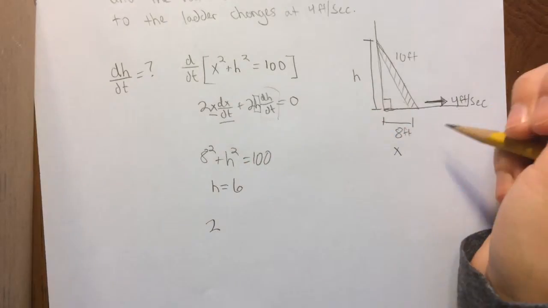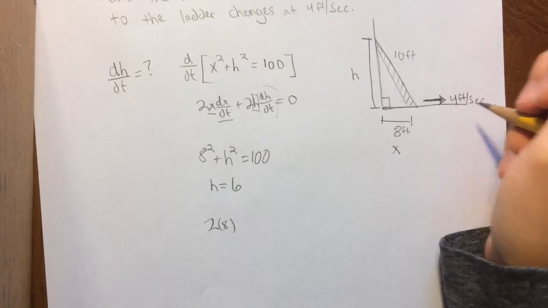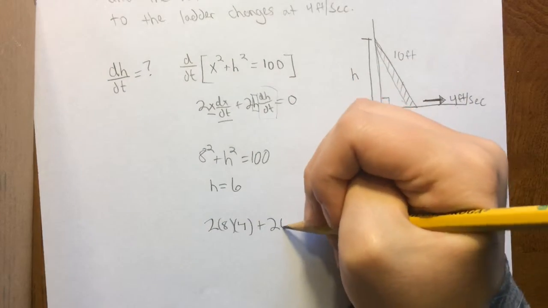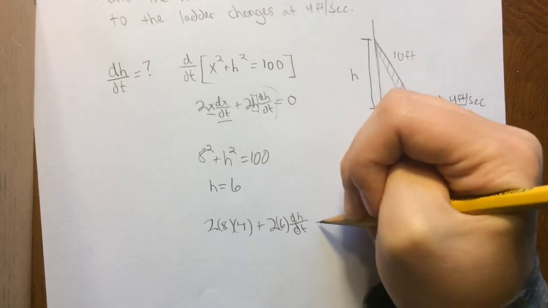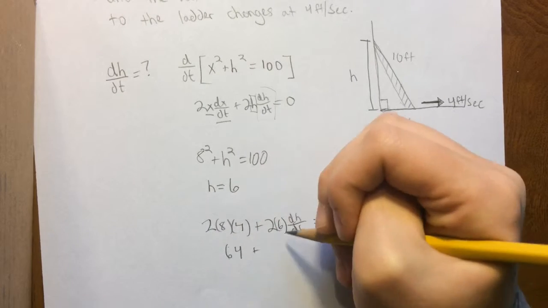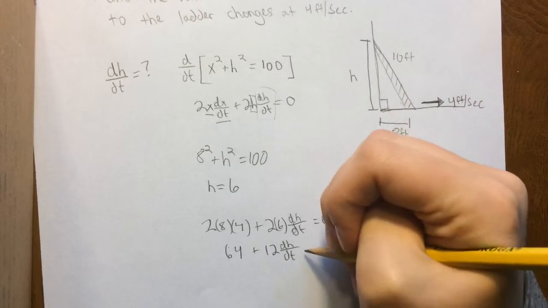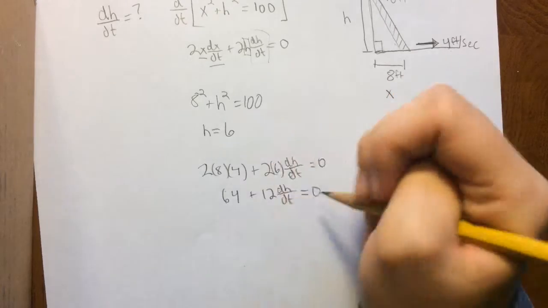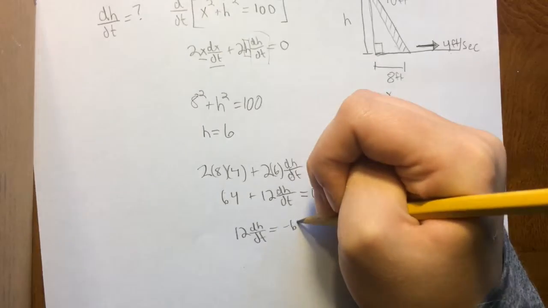We put 8 in for x, and the derivative of x with respect to time is 4, plus 2 times h, which is 6, times the derivative of h with respect to time equals 0. Then we get 64 plus 12 times the derivative of h with respect to time equals 0. Then we get 12 times the derivative of h equals negative 64.